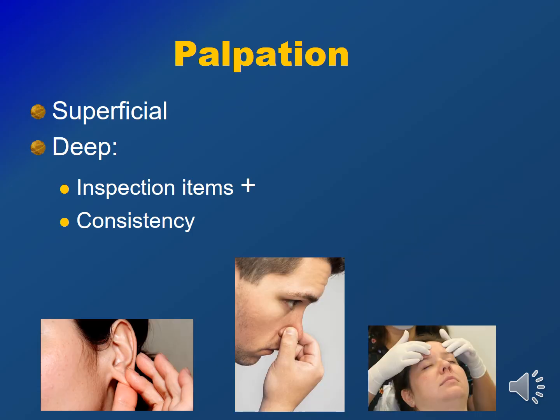Don't forget that soft is like the lobule of the ear, firm is like your nose, and hard is like the feeling of your forehead. I have to explain some point here. In the English language, if I say I will give you something soft, you think that I will give you something like yogurt or a soft drink. But the word soft in the surgical field means the consistency of the lobule of the ear, and the feeling of your lobule of the ear is not like a yogurt or a soft drink.